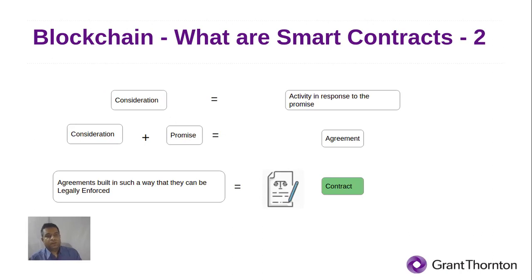Once a promise has been arrived at and a consideration for the promise has been decided, you can combine the consideration and the promise into an agreement. And agreements which are built in a way that they can be legally enforced become contracts. So this is the definition as far as the legal terminology is concerned.